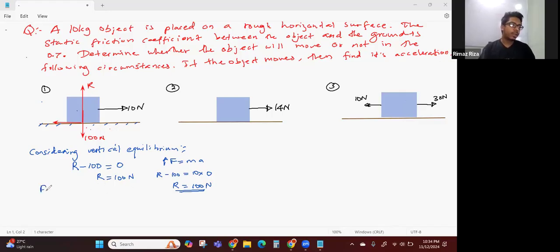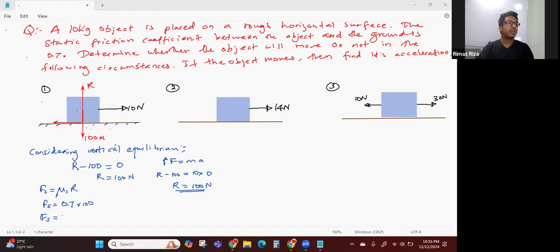Then after that I can find Fs, the limiting static friction force, the maximum friction force it can have. So that equals mu s into R. So Fs equals 0.7 into 100.